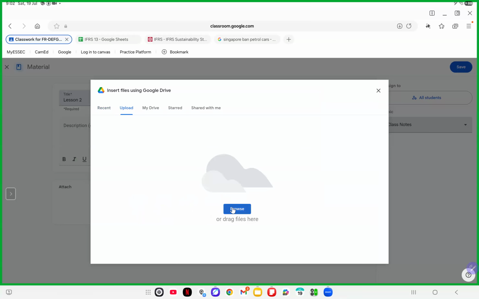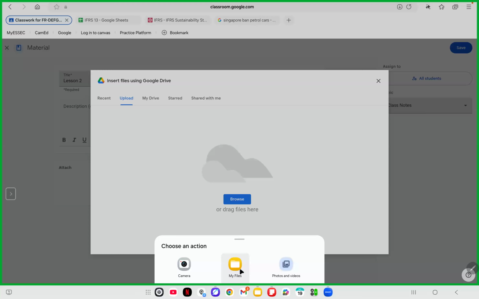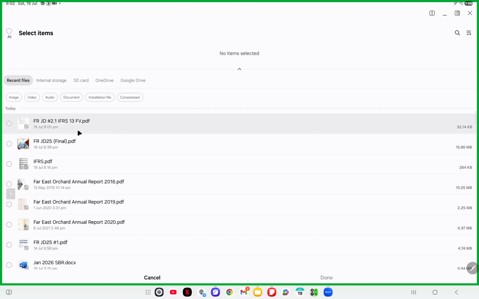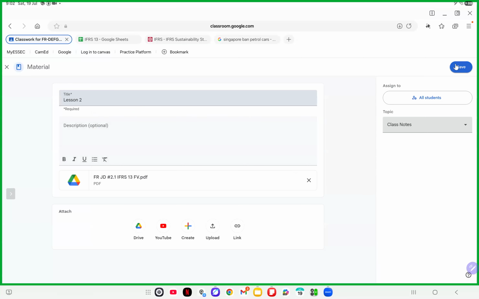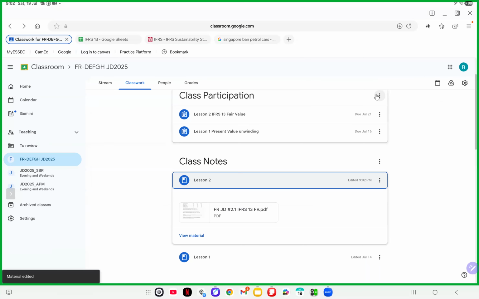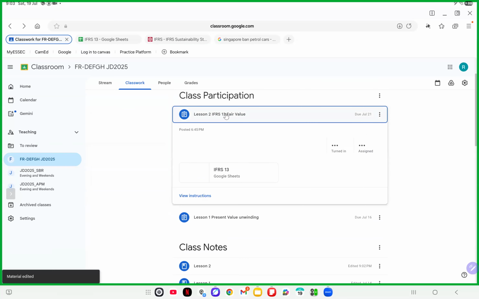It is important that you go to the Google Classroom and you start to download materials. So it's been uploaded. It's a very tiny file. Then I save. So yes, between listening and copying, obviously your listening is important.